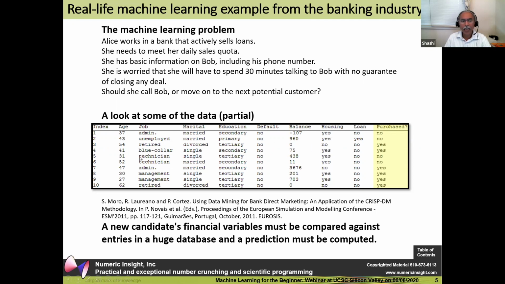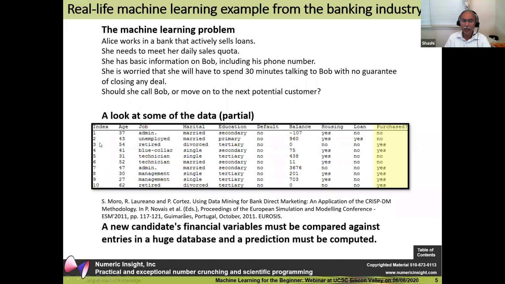You have age, job, marital status, education, and so on. You also see here in this last column, it tells you what happened with that particular customer. Did that customer purchase or did that customer not purchase? When I say purchase, I mean, for example, did customer number 1 sign up for that home equity line of credit? No, they did not.